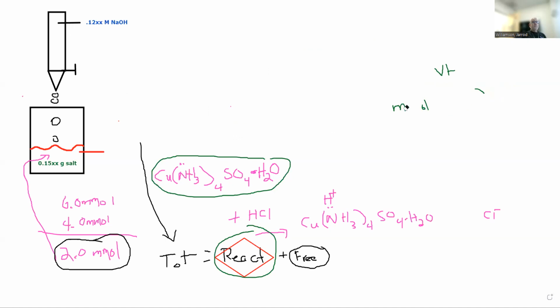Once you've done the titration, before you do these calculations, remember you made, let me do this beaker, and over here you made 0.12 XX molar HCl. And over here, you made 0.12 XX molar NaOH. You have to go back and titrate these.